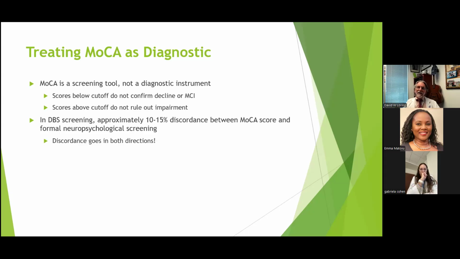And interestingly, this goes in both directions. Some patients will have impaired set shifting on tests like the Wisconsin Card Sorting or the extended Trail Making Test that we have, but have a normal MoCA score. Others have a low MoCA, but do well on our formal neuropsychological tests.